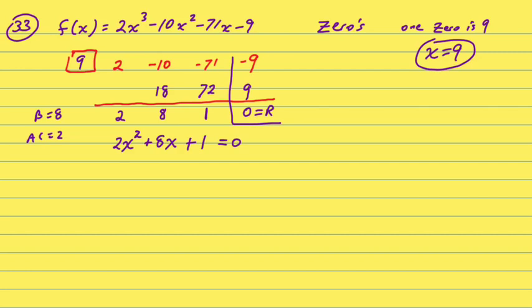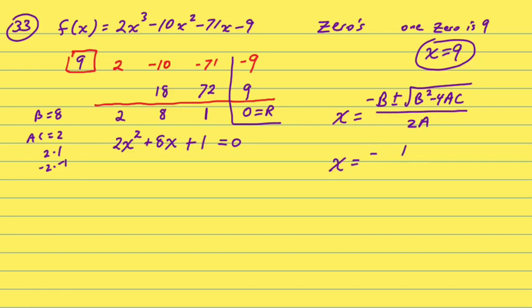There are no factors of 2 that add to 8, so I know it's not factorable. I'll probably have to use the quadratic formula. Okay, what is the quadratic formula? x equals negative b plus or minus square root of b squared minus 4ac, the entire thing divided by 2a. So what I'd like to do is fill these in.